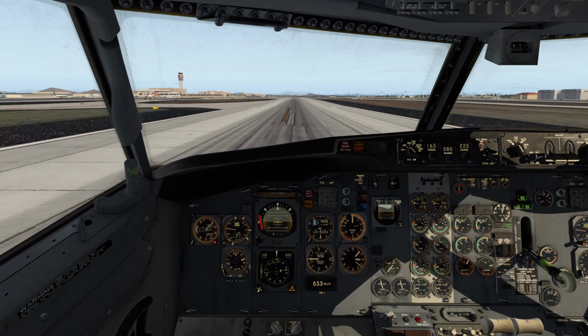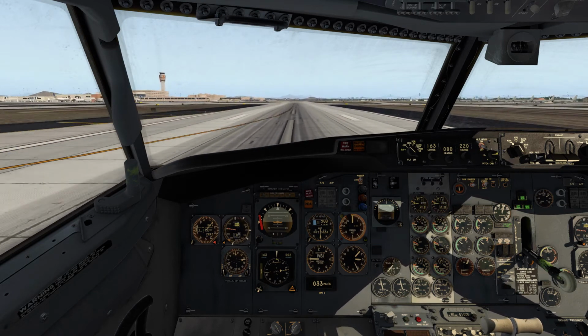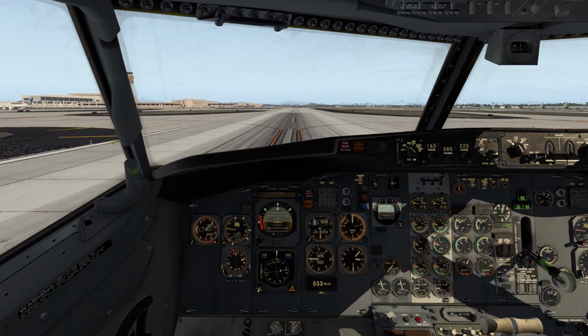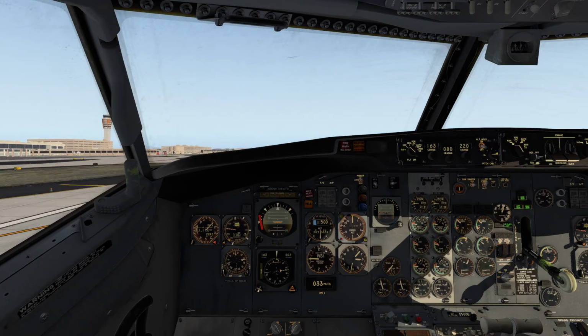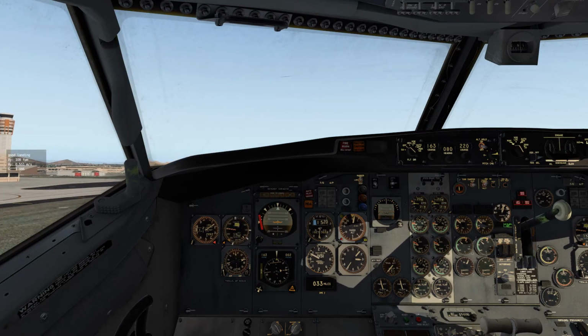Knots. V1, rotate. Positive rate, you're up.